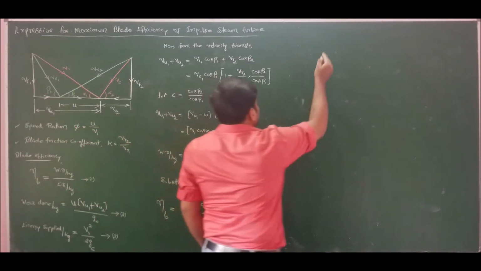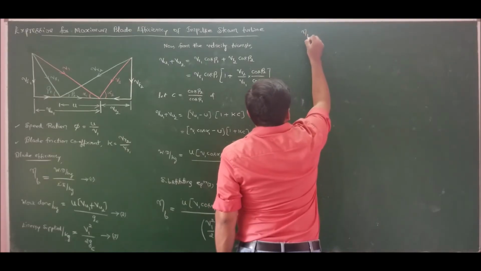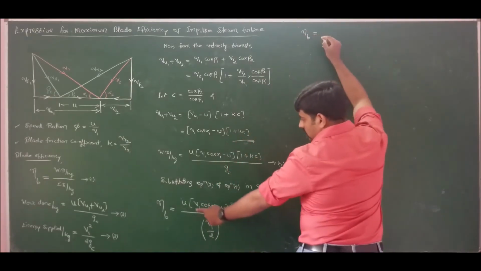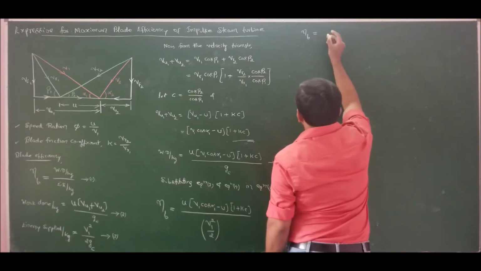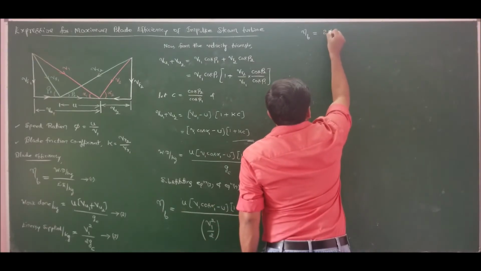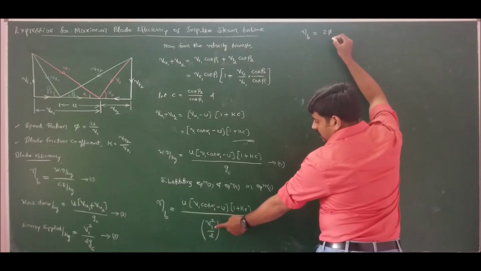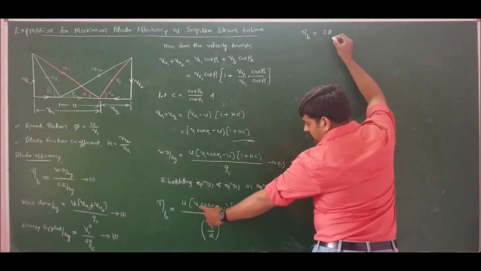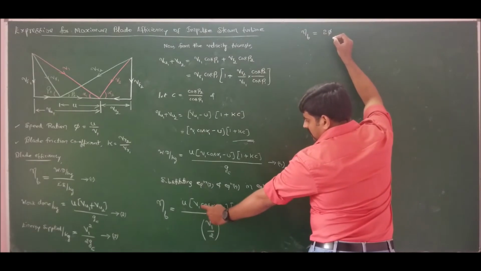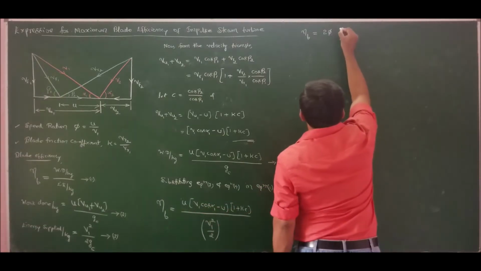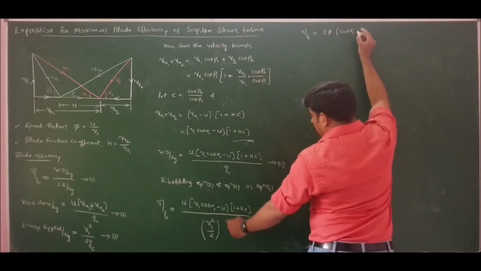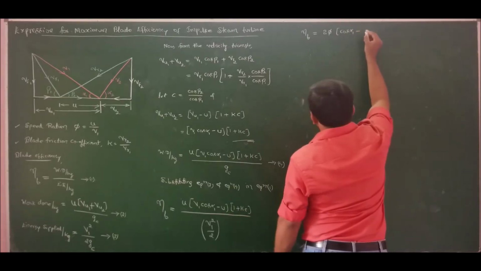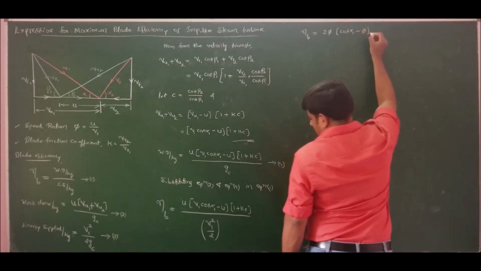If I do that, I will get the efficiency of blade equal to U by V1, which is phi, and 2 goes to the numerator. So 2 phi, I am left with one V1, which I will divide into the first bracket. If I divide that for the first bracket, V1 and V1 will get cancelled. I will be left with cos alpha 1 minus U by V1, which is phi.